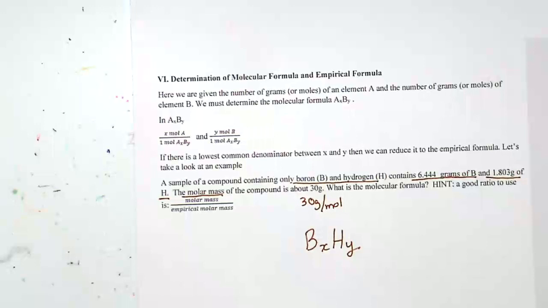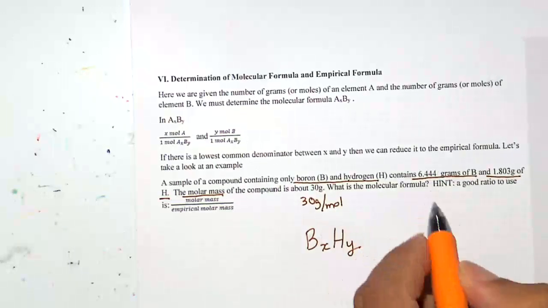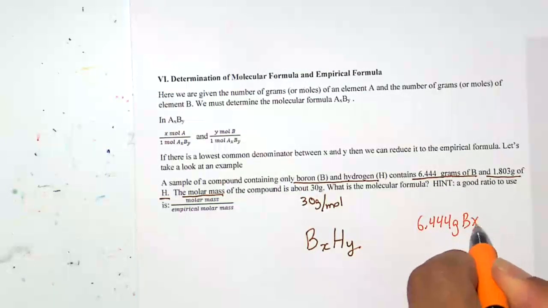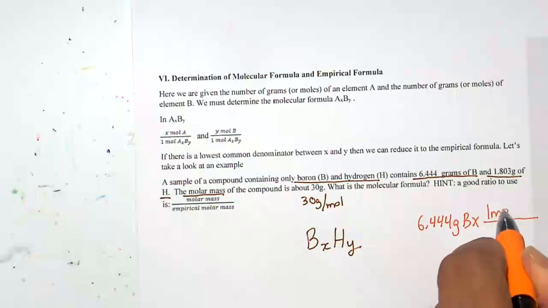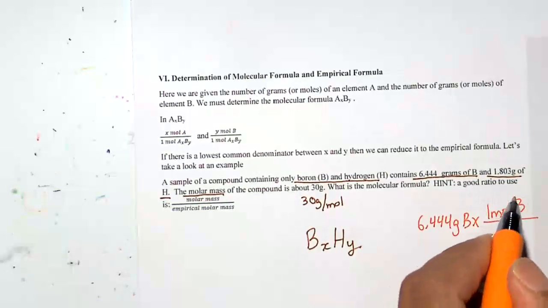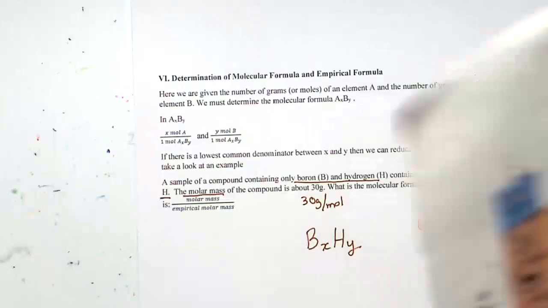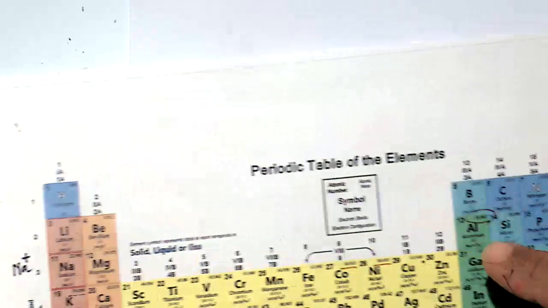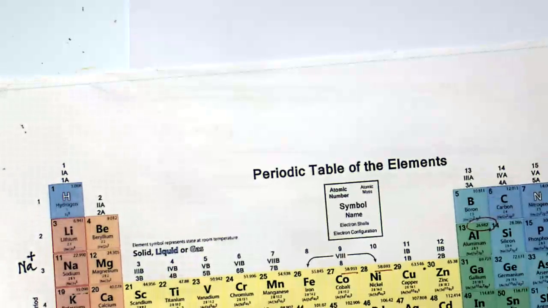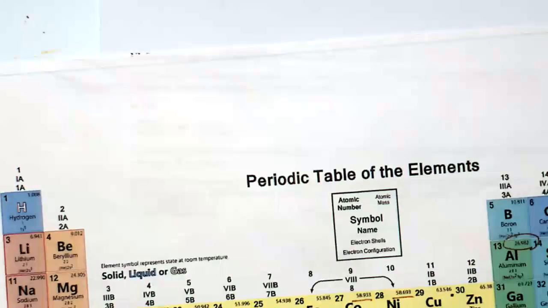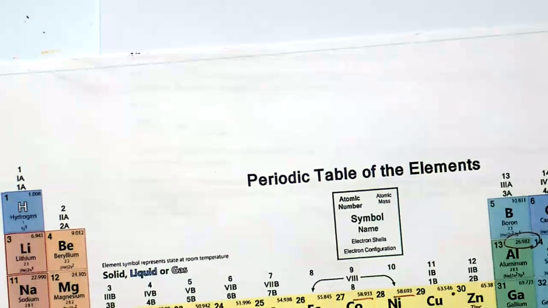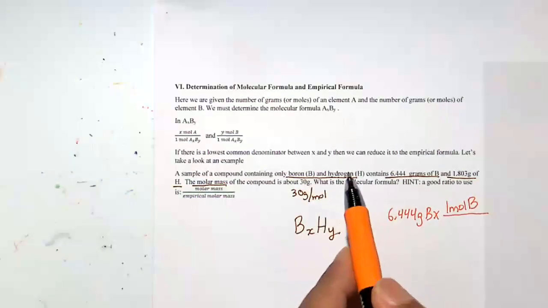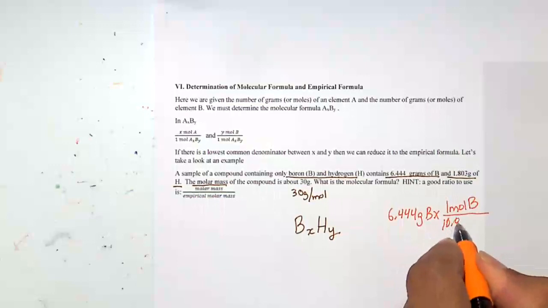We know we have 6.44 grams of boron, so let's go ahead and convert that to moles. One mole of boron contains how many grams? 10.811 grams.